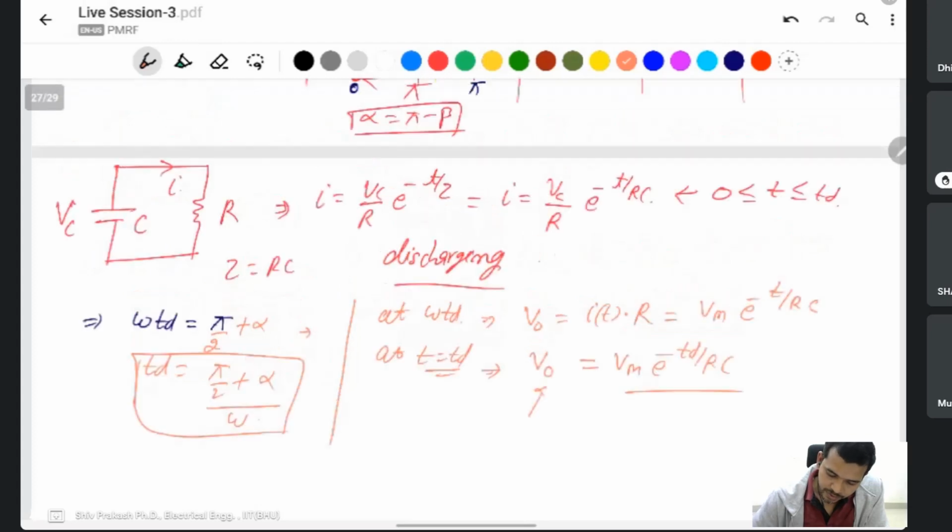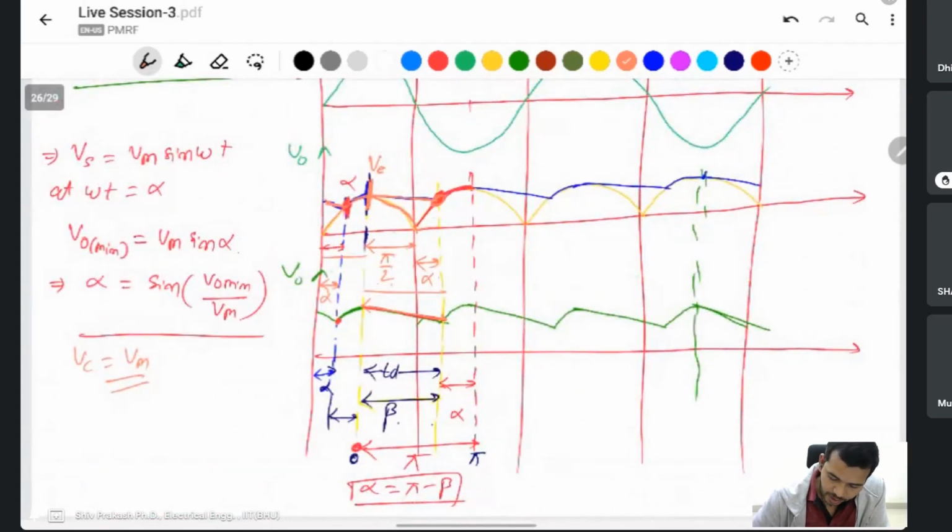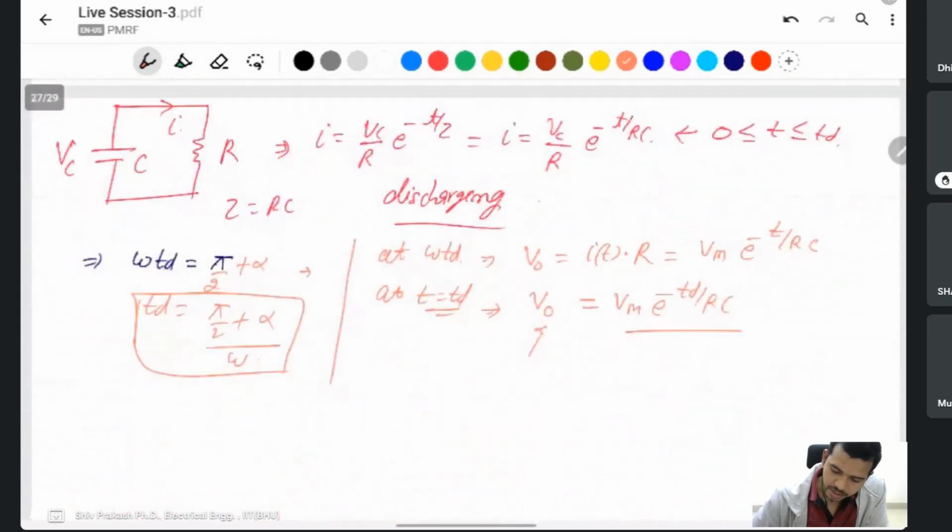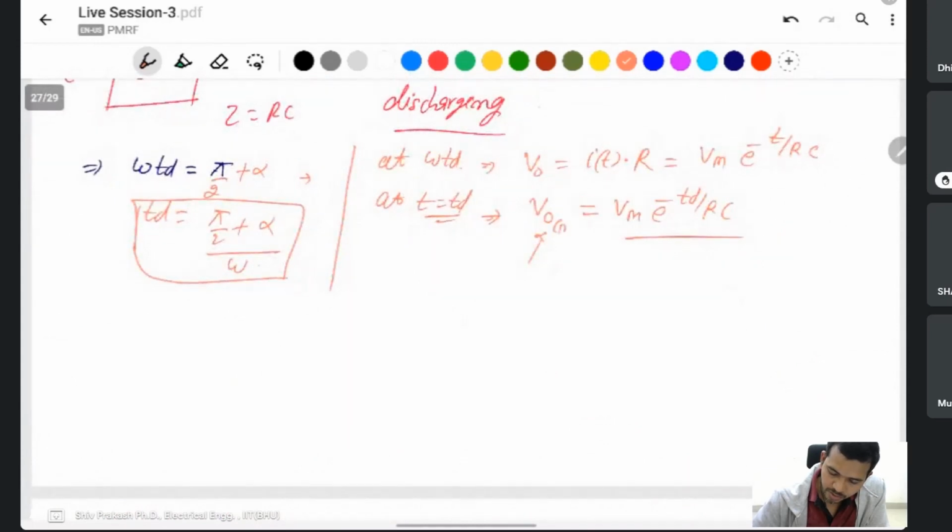Then this value, 0 to Td, this is the Td time period, the discharging time. This is the same, and you can say this one is V output minimum also, at Td, V output is the V output minimum, the same as this one.